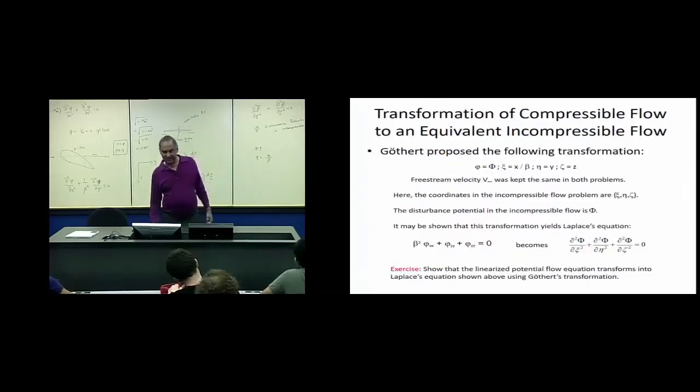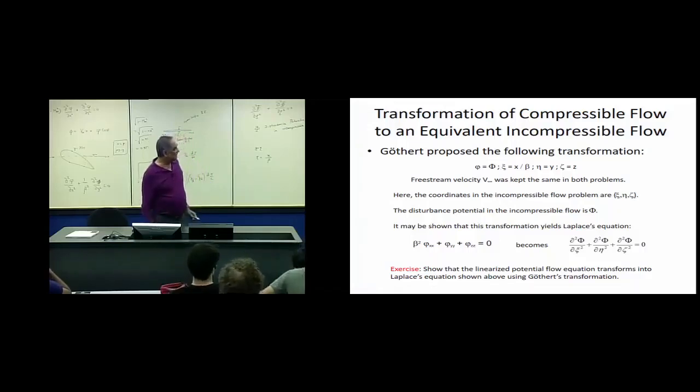What we are going to do is use a very simple linear transformation, just like Prandtl and Glauert did. Gothert said, I'm going to keep phi equal to capital Phi, so the scaling factor A becomes 1. I want to go from this equation to this equation, so I can keep y the same, y equal to eta, and z the same, z equal to zeta.